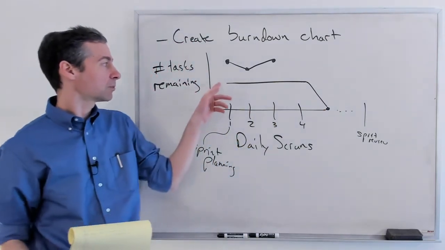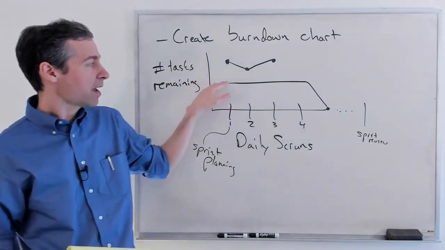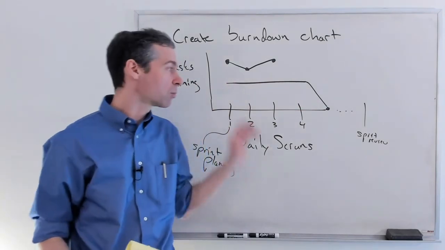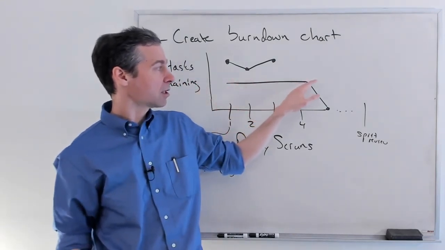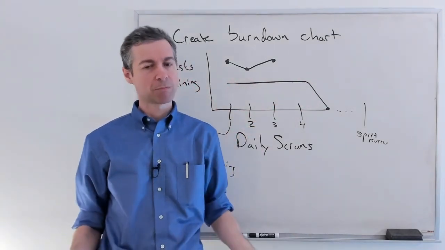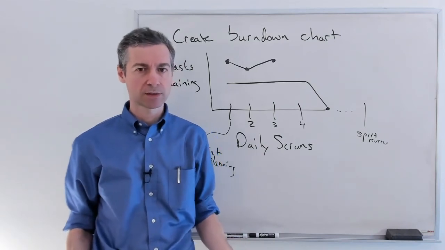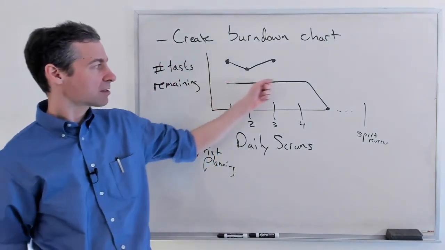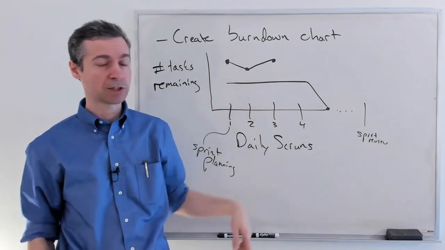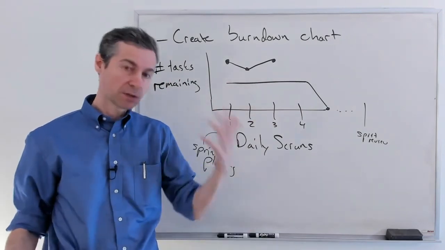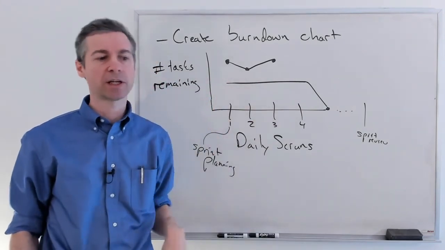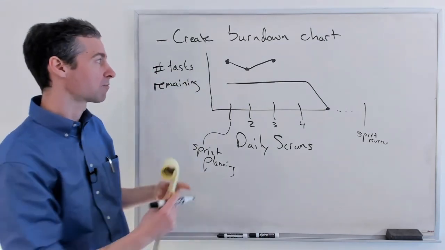Maybe, in fact, for whatever reason, their task sizes were really large and they worked on those tasks the entire time and then they got them all done. But that's not the way we're supposed to be doing tasks. So if that's the reason for that shape, you'll know we're not actually sizing our tasks correctly.